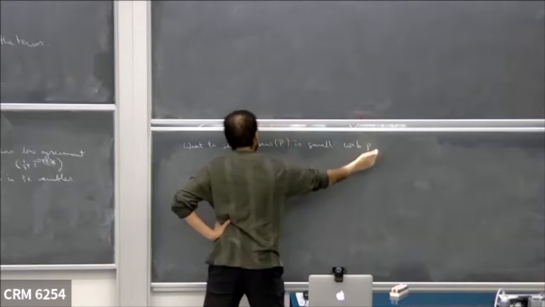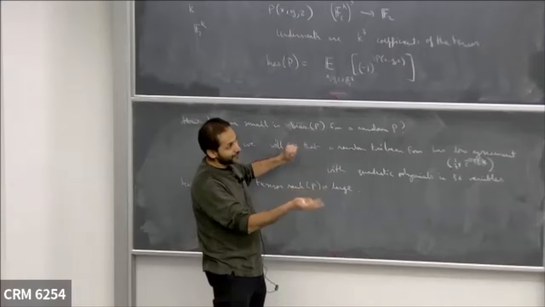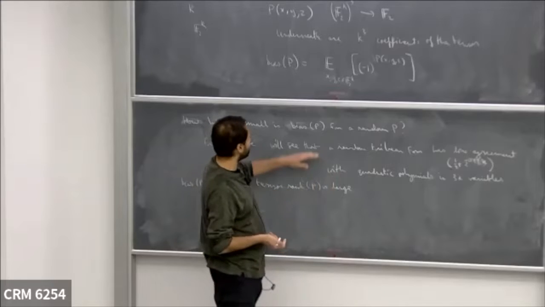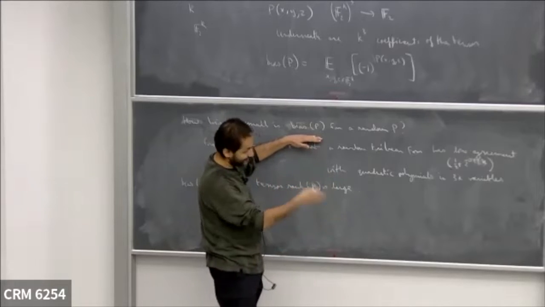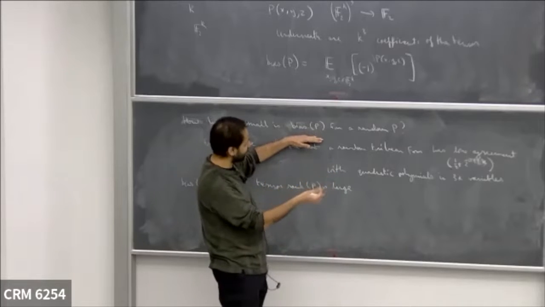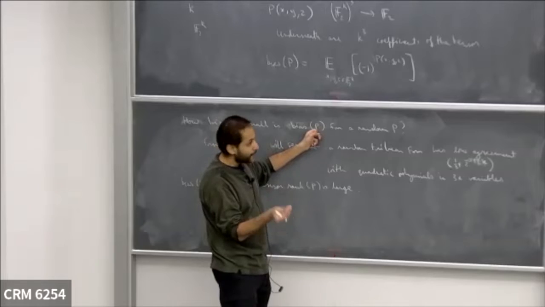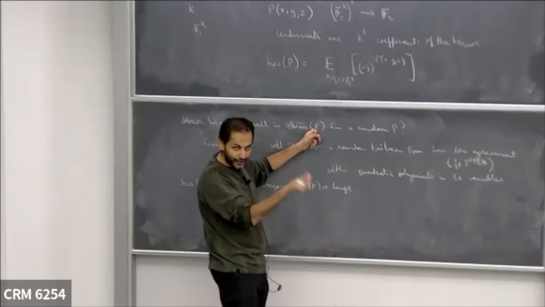The kind of result we'll show is that the bias of P is not just small with high probability, it's small with super high probability. Not only that, the agreement of P with any function is very close to half with super high probability.